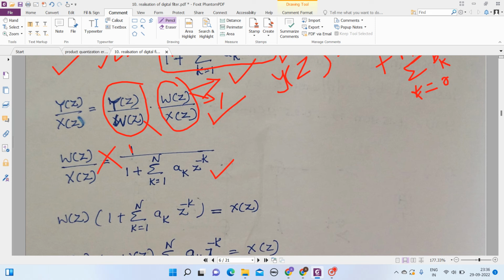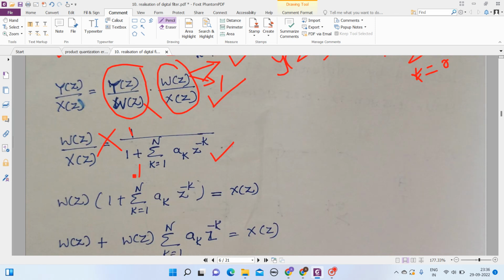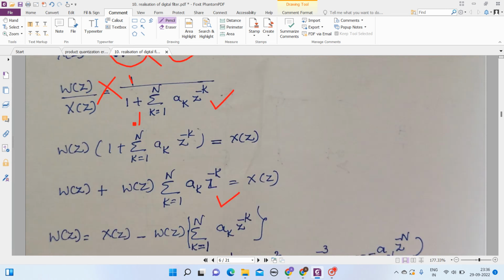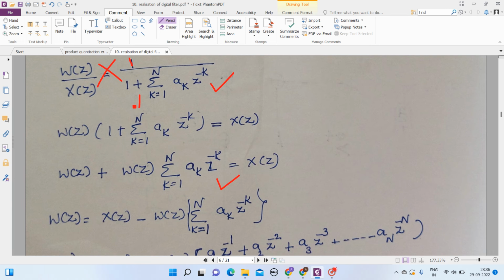It becomes w of z, then this equation, is equal to x of z. Thereafter we have to multiply this w of z with this equation, then we will get this equation. Then we have to take this w of z as the output. Now this w of z is the output.